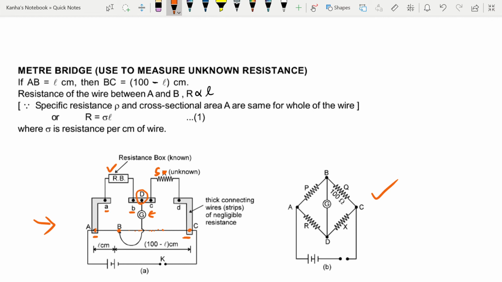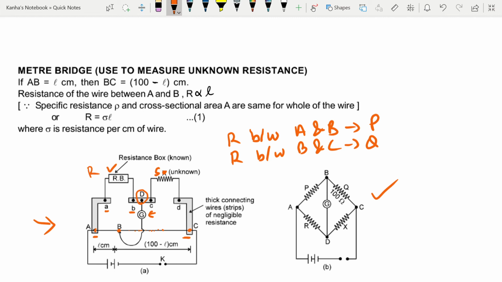Balance point in the sense, if this acts as the Wheatstone bridge, then I have the resistance between A and B, I can call that P. Similarly, resistance between B and C I can call Q. The resistance box can be called R and the unknown S. So if AB is of L centimeter, it need not be 1 centimeter.